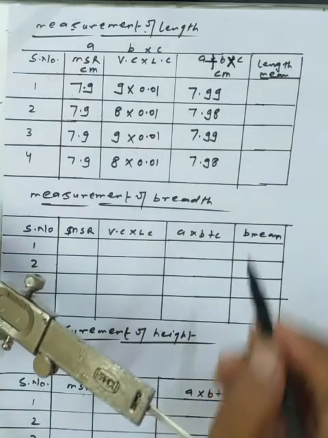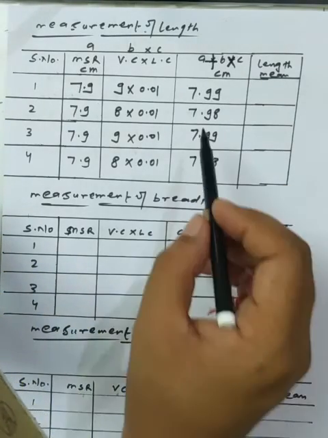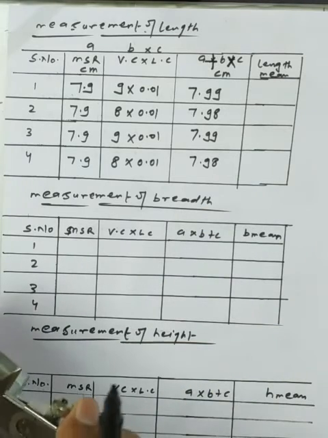So we get different readings of the glass slab's length, such as 7.98 and 7.99.